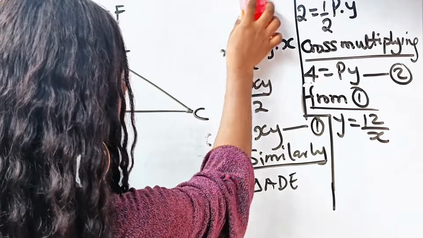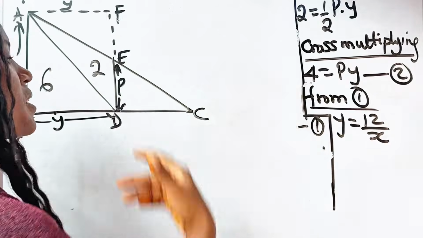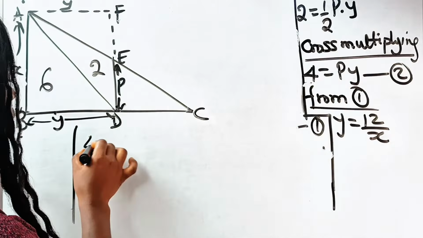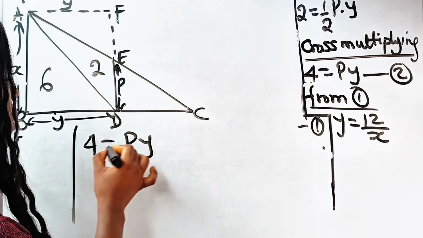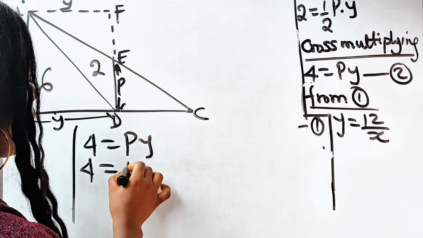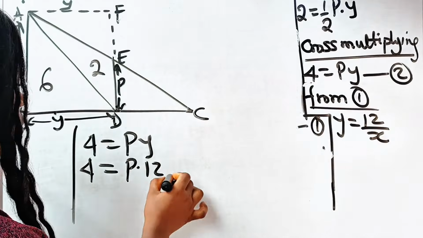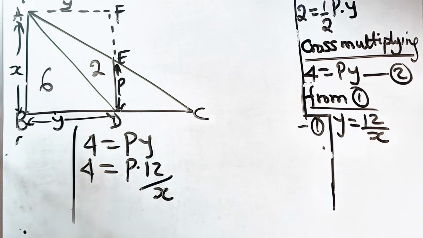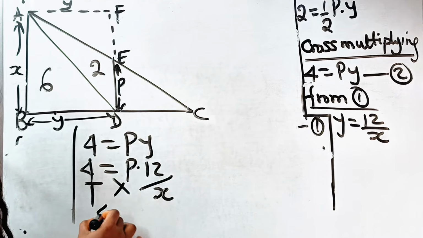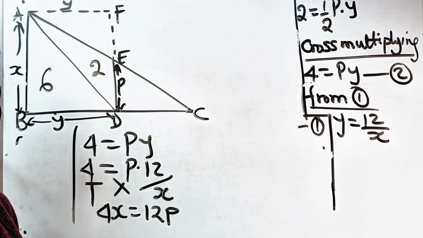Equation 2 is 4 is equal to PY, so 4 is equal to P multiplied by 12 over X. Cross multiplying, we have 4X is equal to 12P.